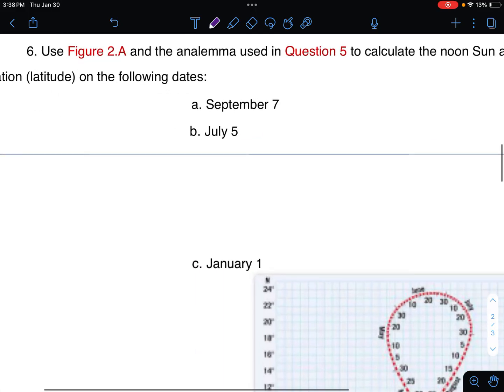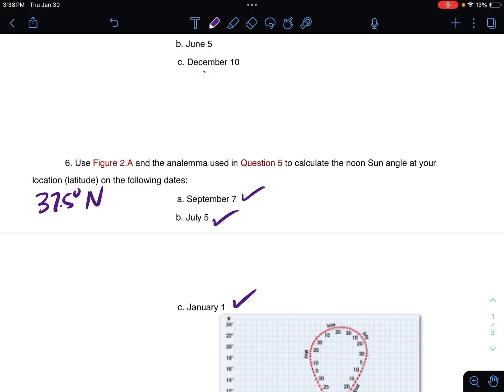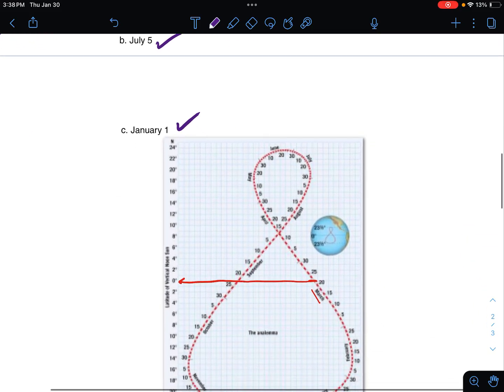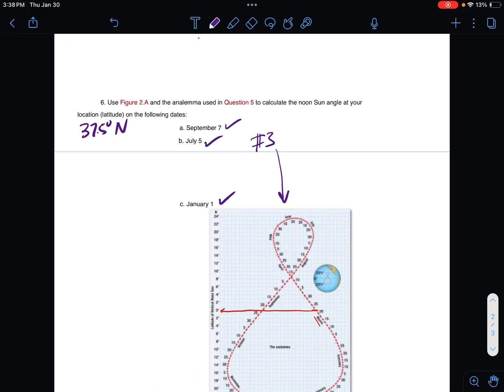You're going to try this on our location. So again, we're going to use 37.5 degrees north latitude on these dates, and you're going to use the analemma to find where on Earth the 90-degree angle is. So the answer to number 3 in that 5-step process comes from that graph down there.